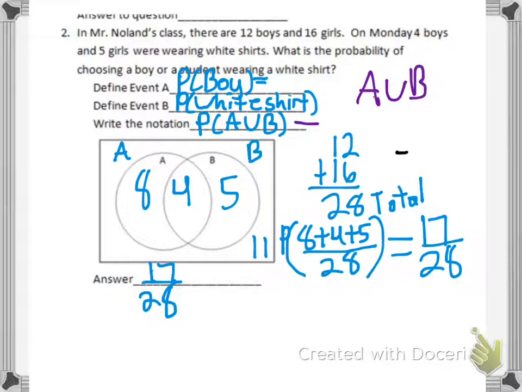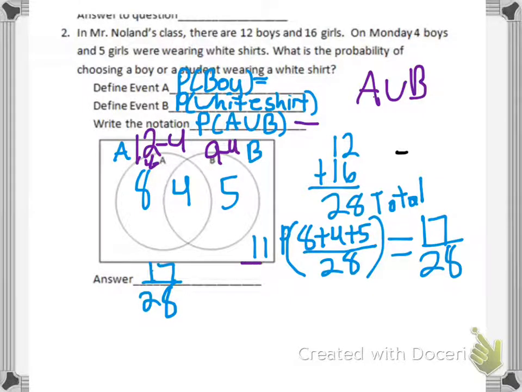So we're going to make our Venn diagram here. We know we have 12 boys, but 4 of those boys have white shirts. So we put 4 in the middle, and we subtract 12 minus 4 to get 8. Here we subtract 9 minus 4 to get 5.